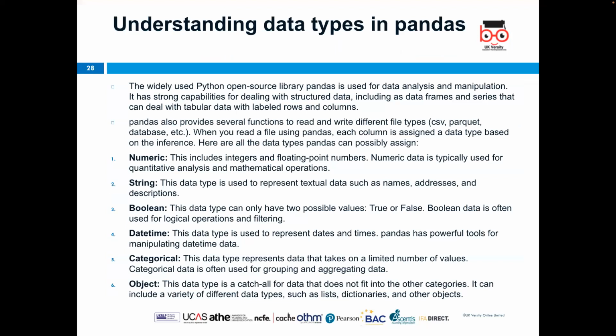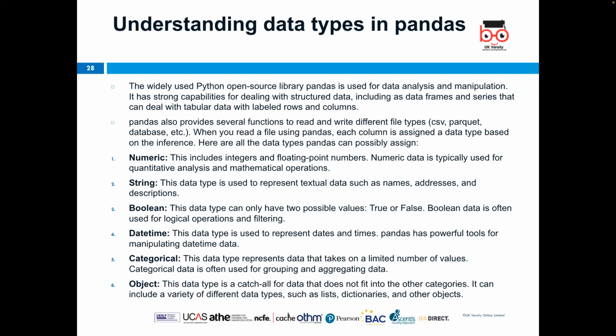Understanding data types in pandas. By now, we should know what pandas is, and we should obviously have it on our laptop or computer or any device that we use. The widely used Python open source library pandas is used for data analysis and manipulation. It has strong capabilities for dealing with structured data, including data frames and series that can deal with tabular data with labeled columns.